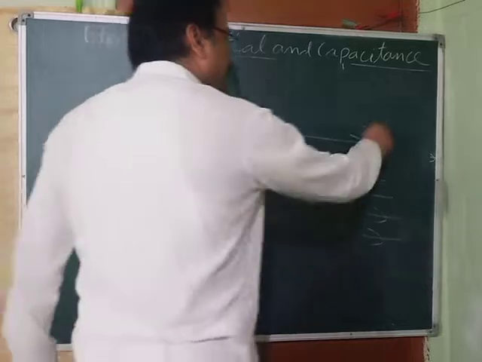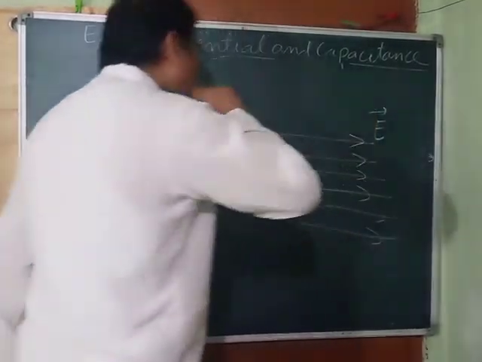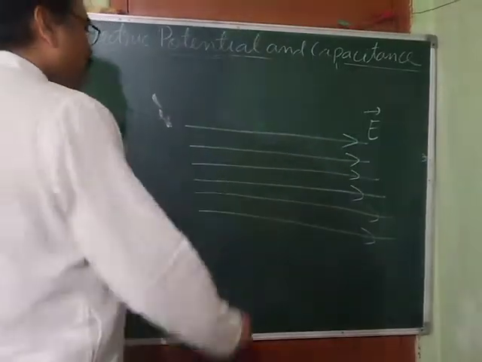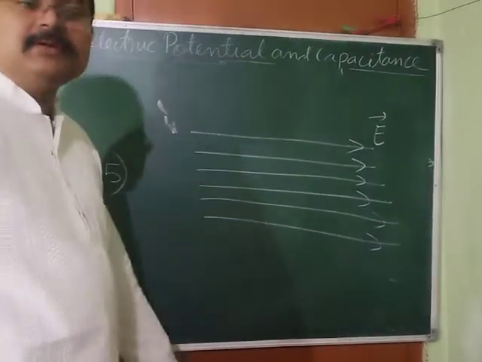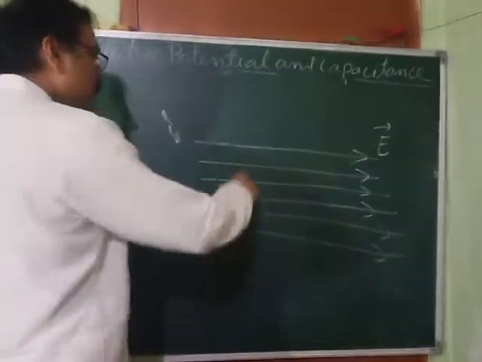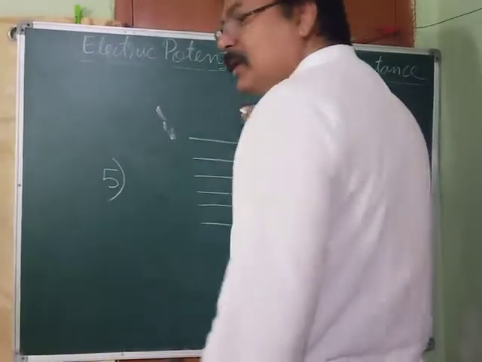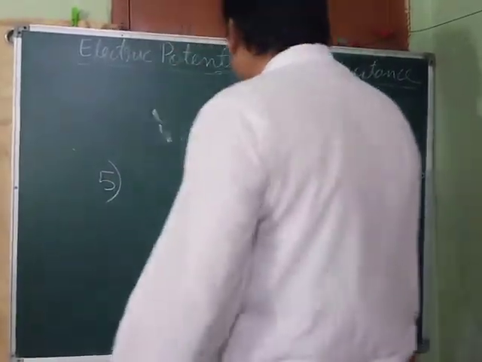This is a uniform electric field. These lines are representing the uniform electric field E. Now, as we move along the direction of the electric field, what happens? Potential decreases. So we have to draw planes like this.